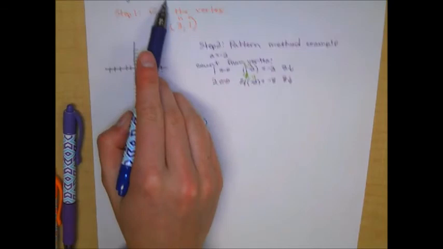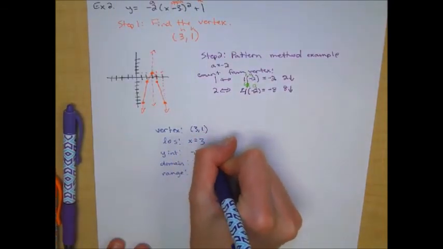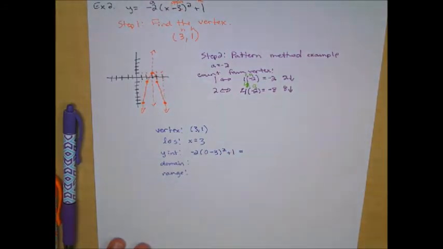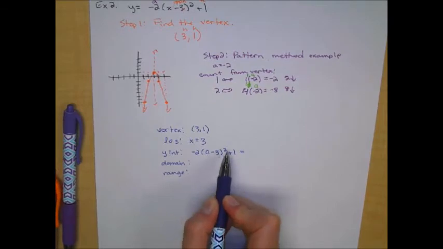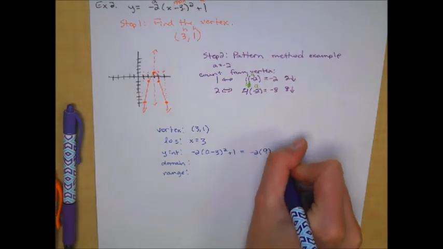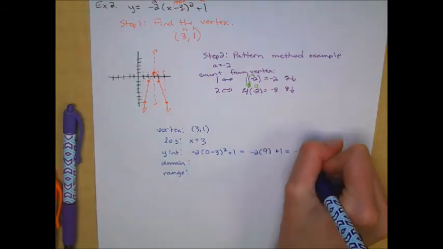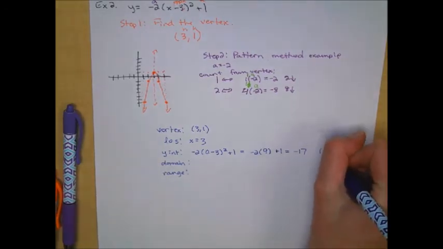So I'm going to make x equal to 0. Zero minus 3 is negative 3. Squared is 9. Negative 18 plus 1 is negative 17. And remember, we write this as an ordered pair. So it's 0, negative 17.